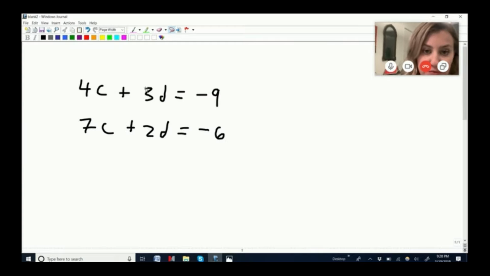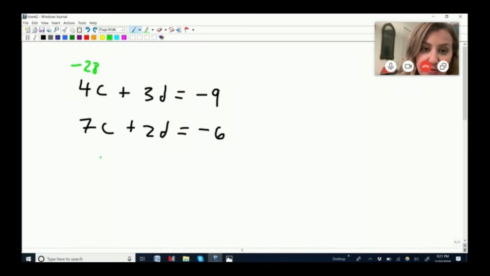Here's my goal, Christina. If I could turn this 3d into a -6d, and turn this into a +6d, then I could cancel these, right? Now, for the record, I could also work with these two. I could turn this into a -28c and this into a +28c.